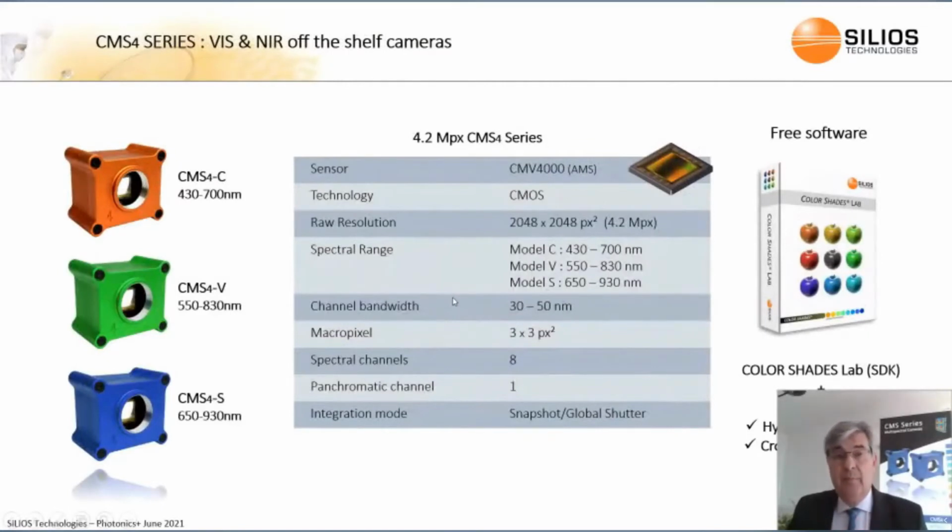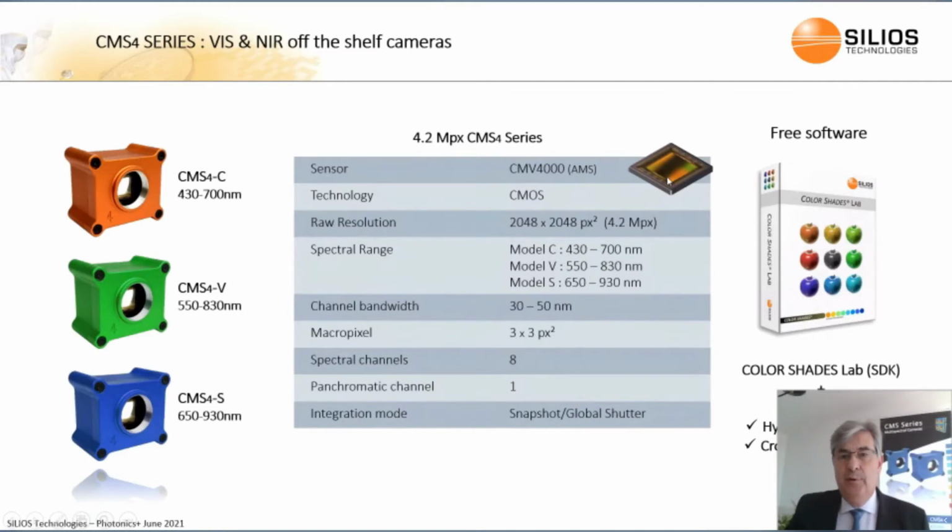Again, then we developed more, because when you have off-the-shelf products, it's always something, let's say, larger, something with more wavelengths, etc., that the customers are requesting. So we agreed on the spatial resolution. So we did the same camera, now based on the CMV4K CMOS sensor.